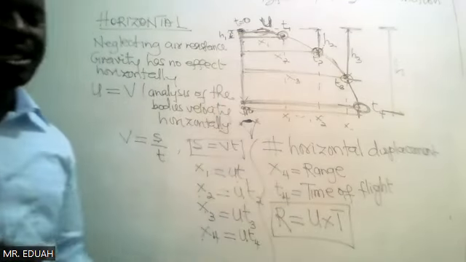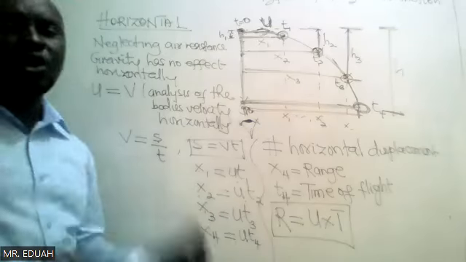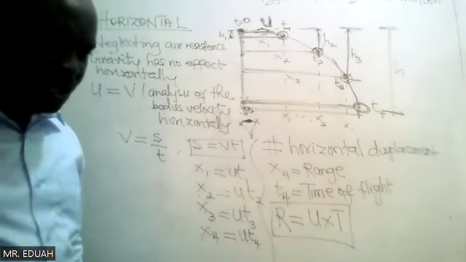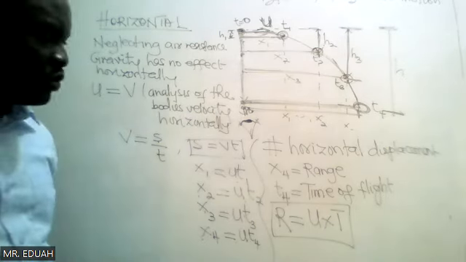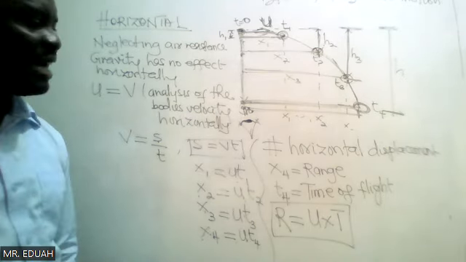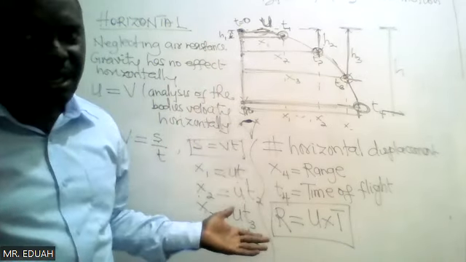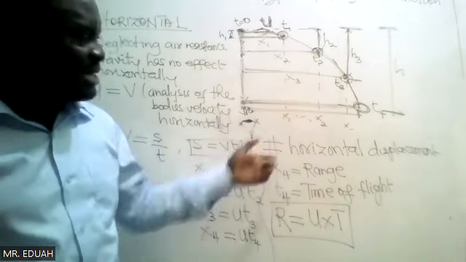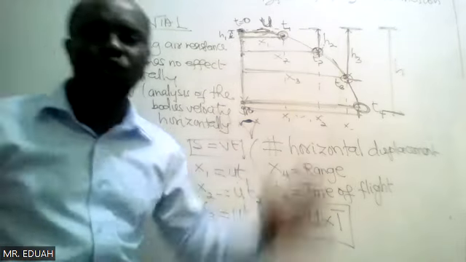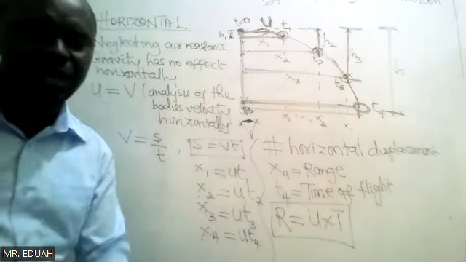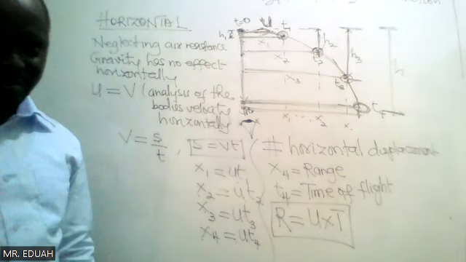So the range is equal to the constant velocity of projection U times the time of flight. But in between, x1 is a horizontal displacement, x2 is it, x3 is it, but x4 is the total horizontal displacement, which we have given a unique name, range.